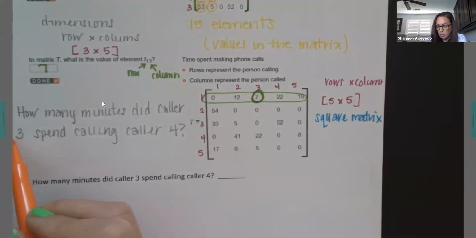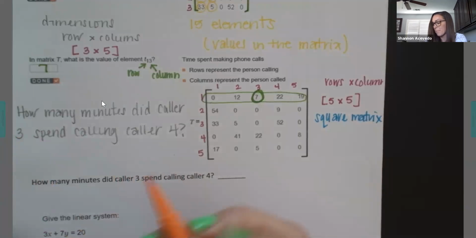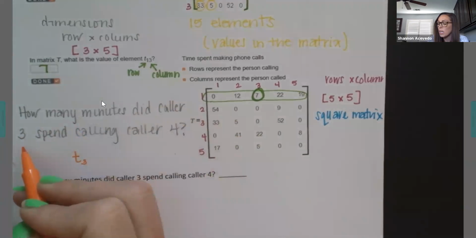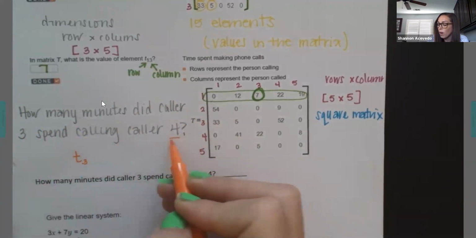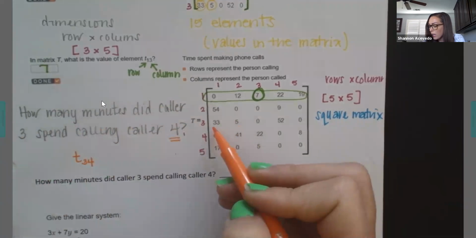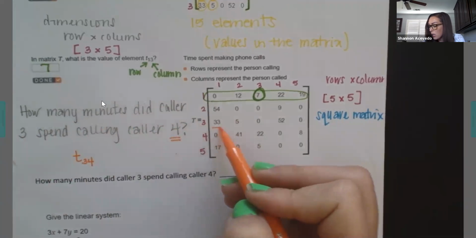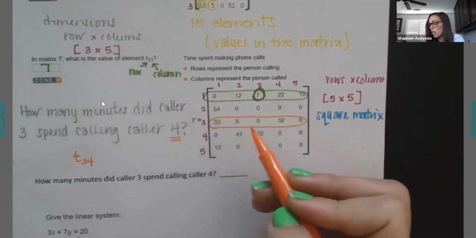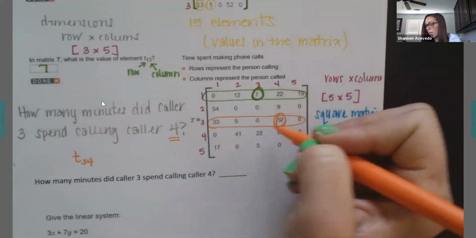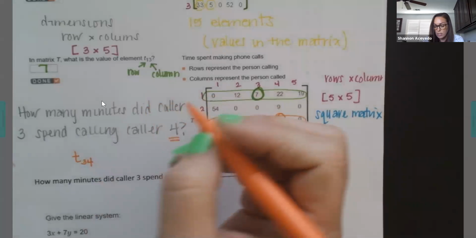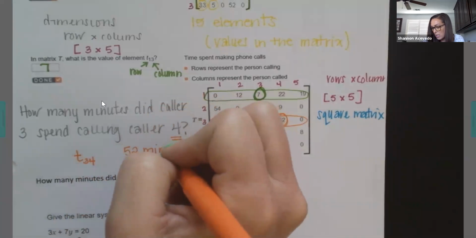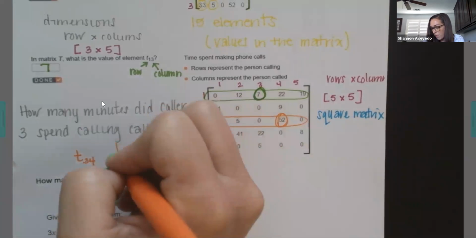So we're talking about element, caller 3, and it's calling 4. So we're talking about 3,4. Looking here, the person calling was here, and they called person number 4. So this would be my element 3,4. So this would be 52 minutes. That's how long they were on the phone.